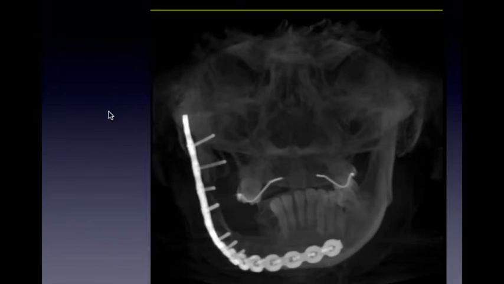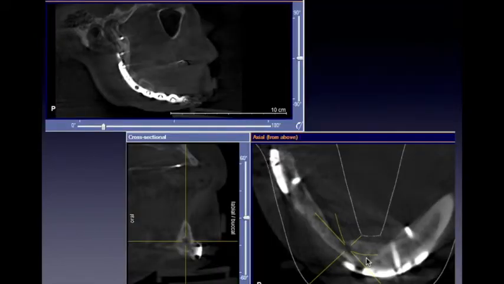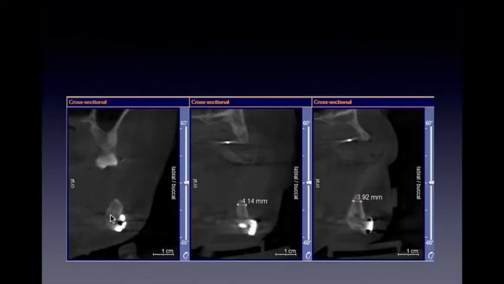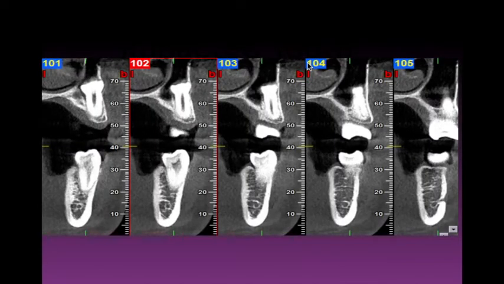Later on, I used CBCT, three-dimensional image, to assess the success of my graft and even the ability to place implant as part of the reconstruction. So planning was a lot easier now with three-dimensional images.